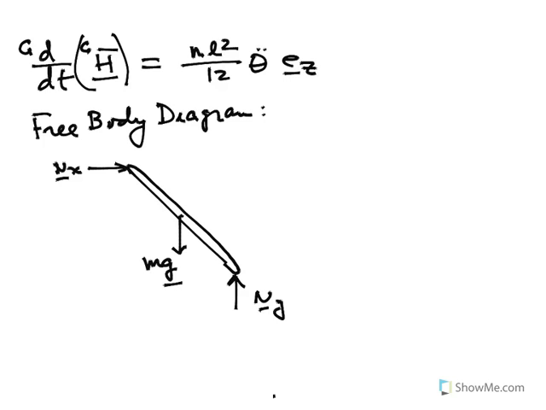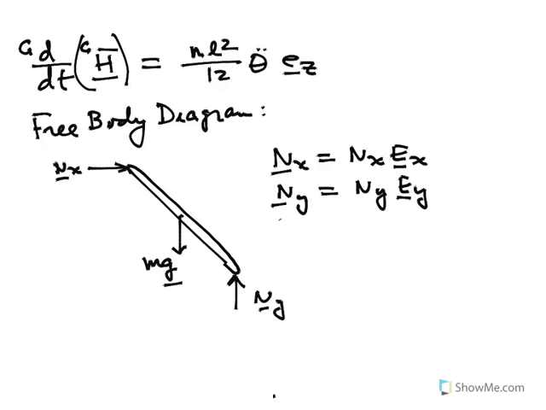And that's it. So now we can write these forces out. N sub x is in the Ex direction, it's horizontal. N sub y is vertical, it's in the Ey direction. And then mg is also in the Ey direction, but in the negative Ey direction because I put Ey up.